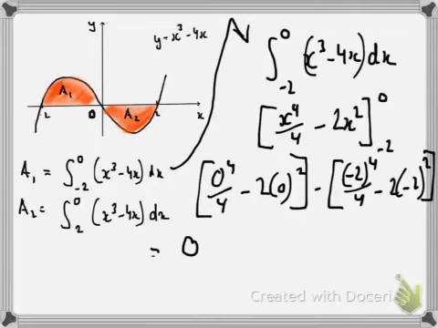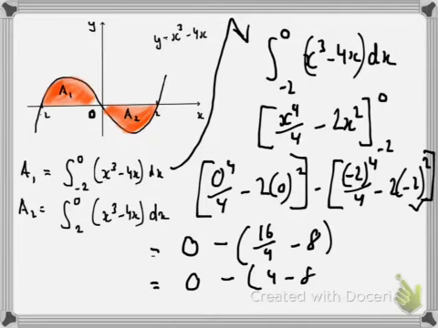Okay, so we're going to get 0 for all of that, minus negative 2 to the power of 4 is 16, so 16 on 4, minus negative 2 squared is going to be 4, negative 2 times 4 is, so we've got negative 8 there, equals 0 minus 4 minus 8 equals 0 minus negative 4 equals 4 square units.